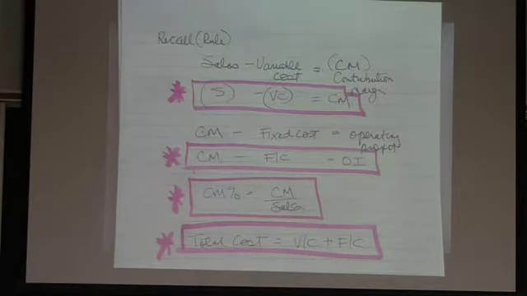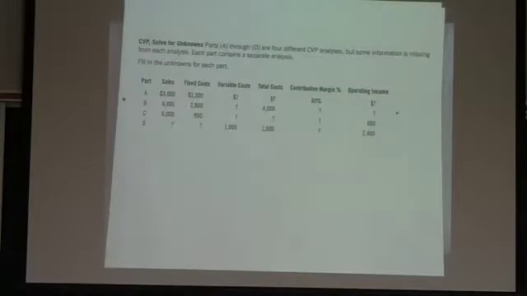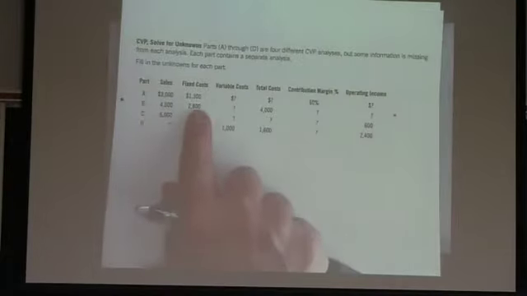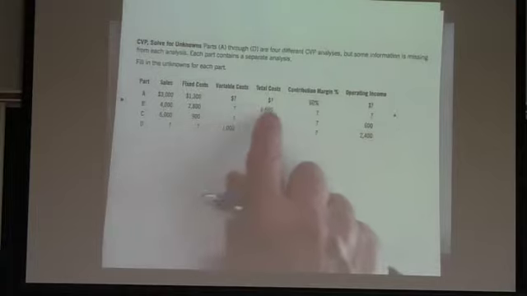Now, for part B, they again want us to solve for the unknown, but this time the unknowns are different. For part B, we're given revenues and fixed costs. We're not given variable costs, but we're given total costs.